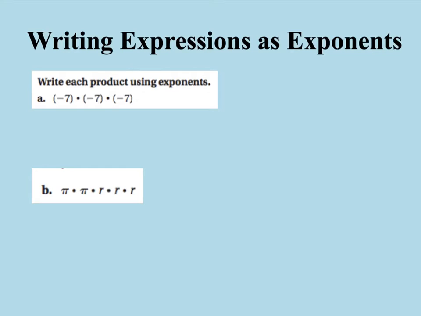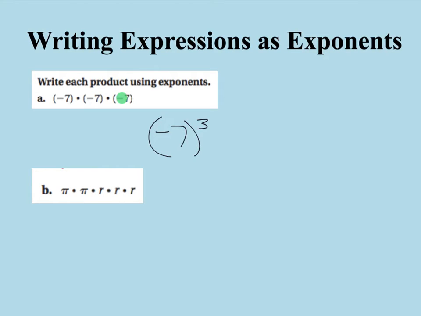Our first example here is -7 times -7 times -7. It's important to note here that our base is -7, and -7 is being multiplied by itself 3 whole times. So to write this expression as an exponent, I'm going to go ahead and write -7 in parentheses to the 3rd power.